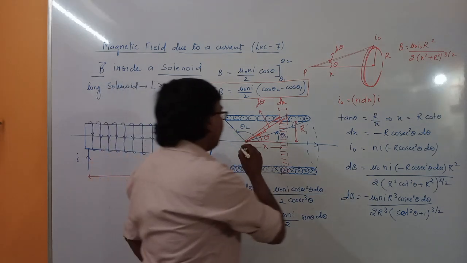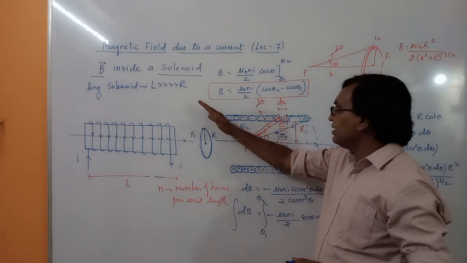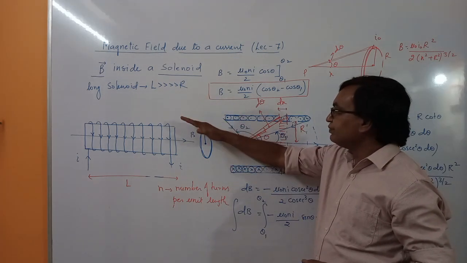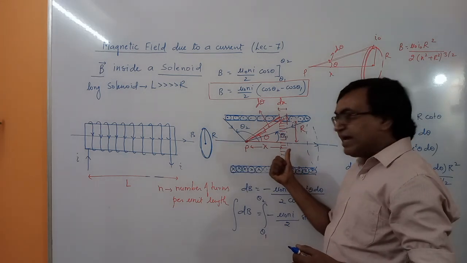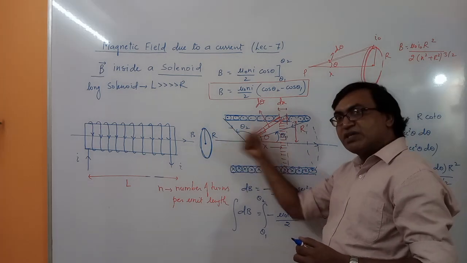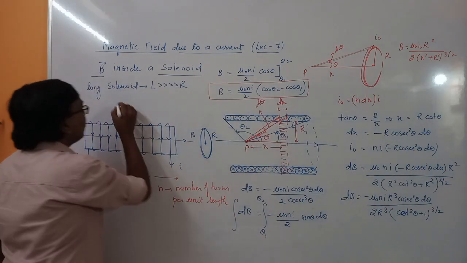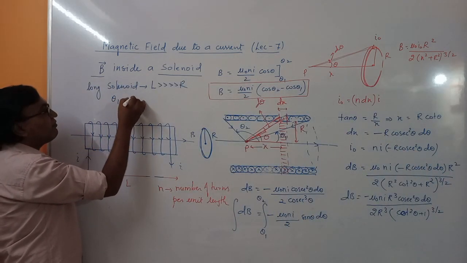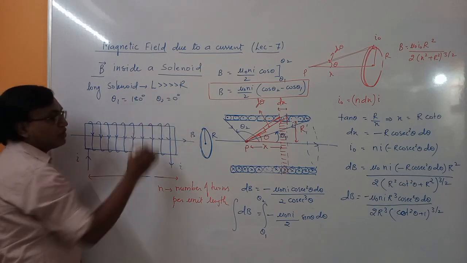Similarly on this side, as this length goes on increasing, this angle theta 2 will have the same direction, so theta 2 will become 0. So here theta 1 will become 180 degrees and theta 2 will become 0 degrees.